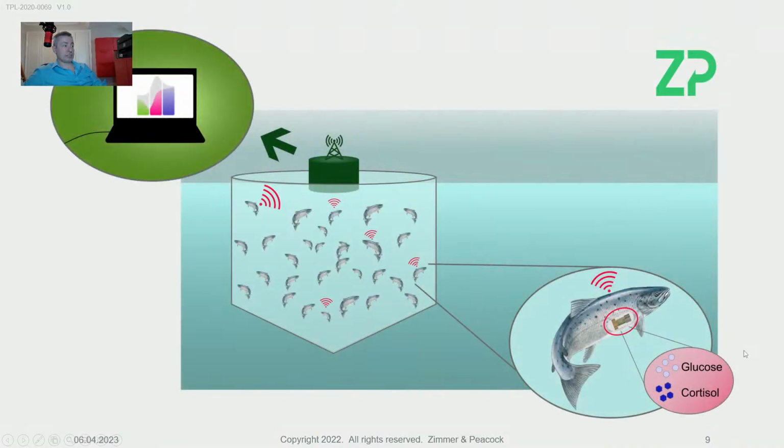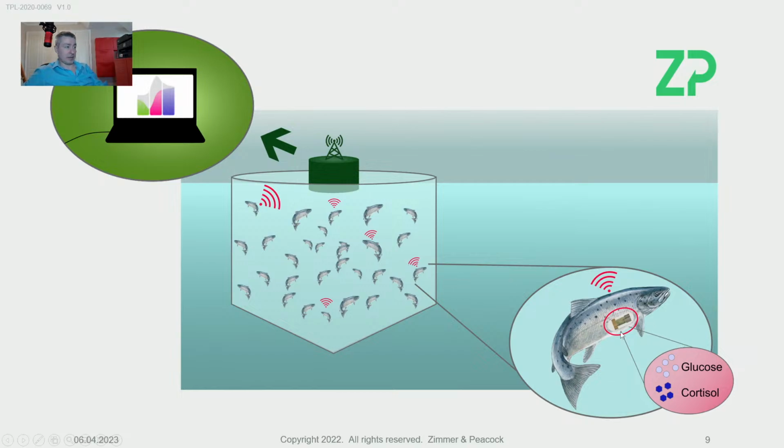On the implantation side, we've put some millions into CGM, continuous glucose monitoring, over the years. One of the programs that we have on at the moment is probably one of the most challenging ways of measuring CGM, which is in fish.